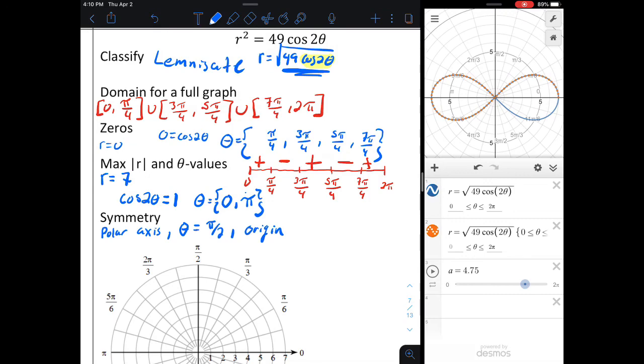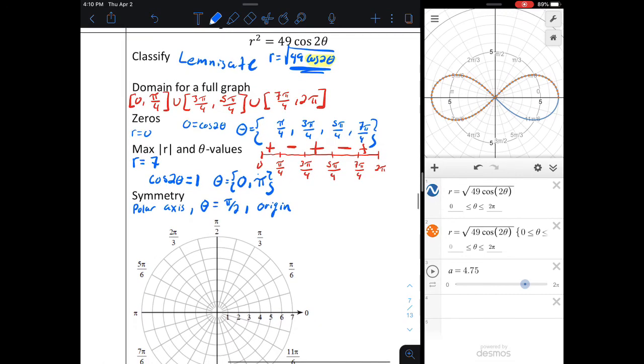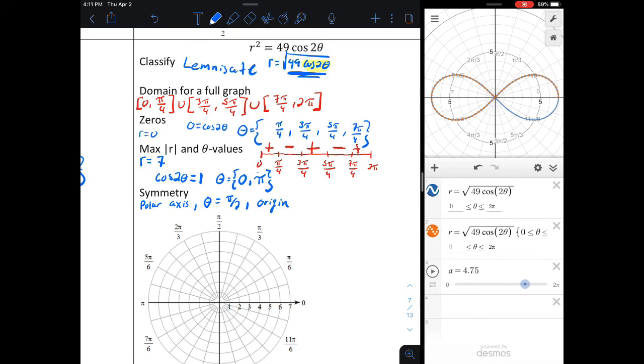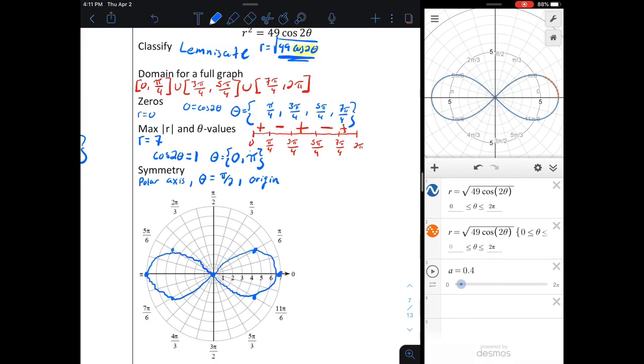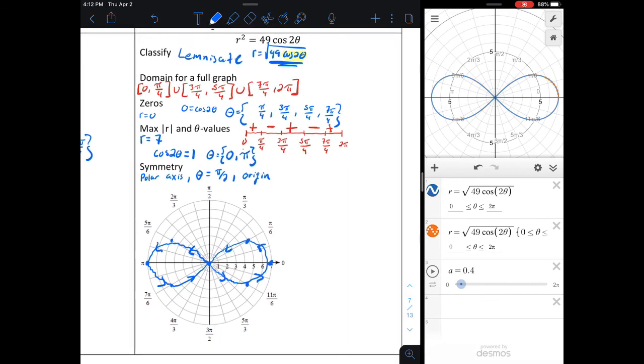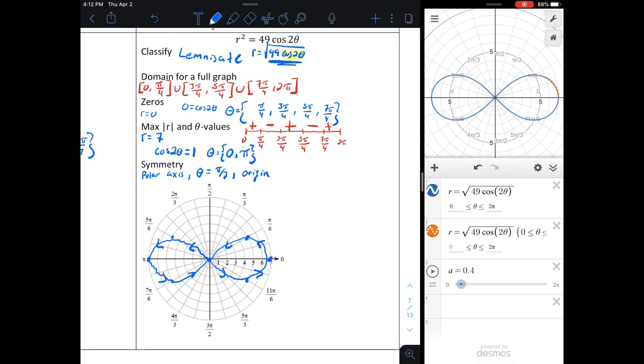And from here, to make a rough sketch that goes with this, we would just plot the curve on the grid below. And we have our sketch and our analysis.